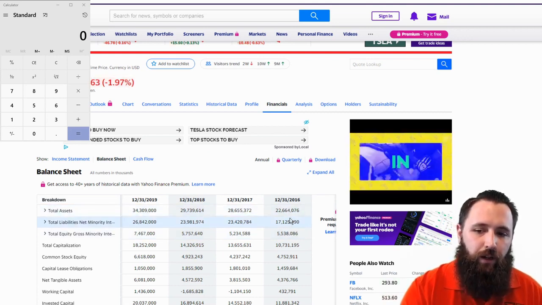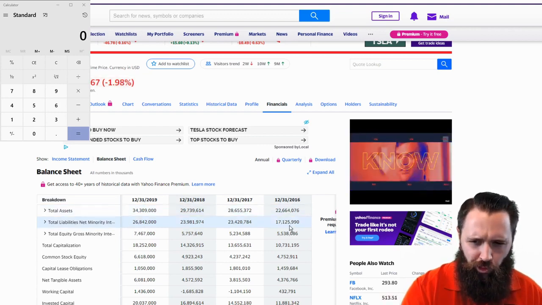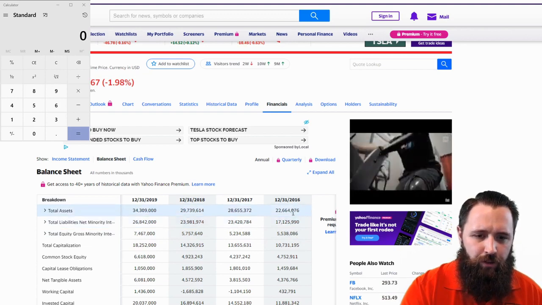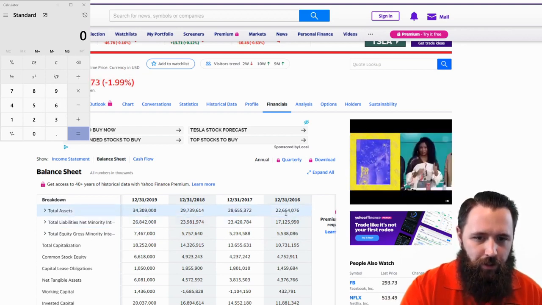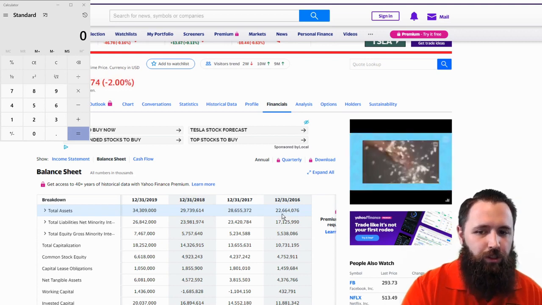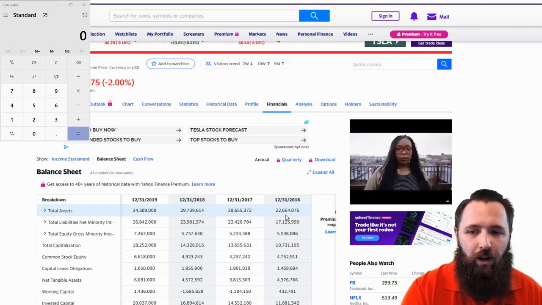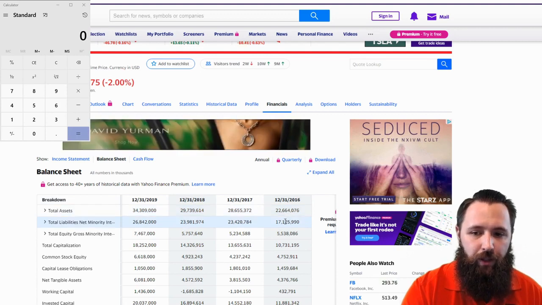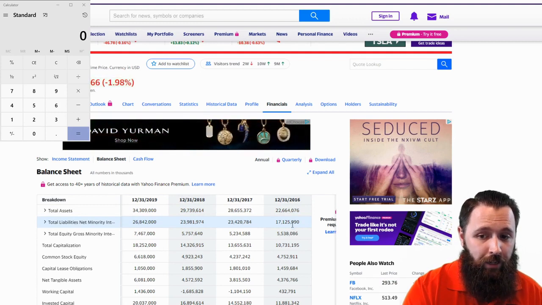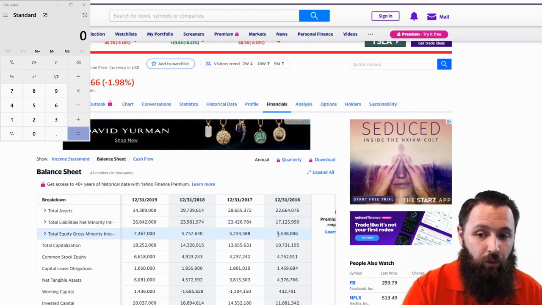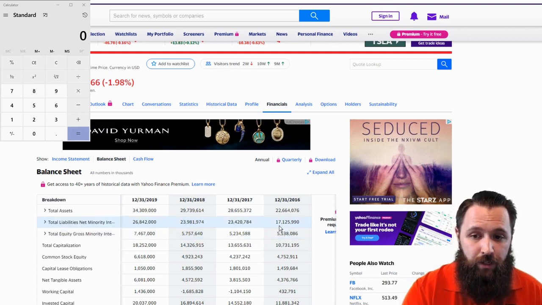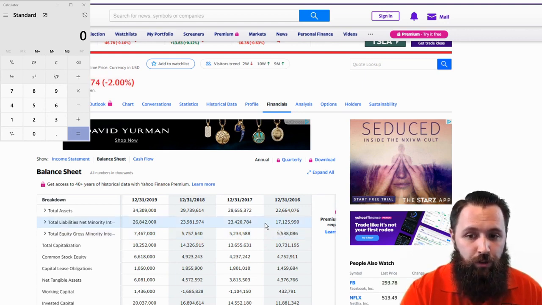So here, you can see that in 2016, the total assets, and I'm sure this is in millions, is we'll just say 22,664,000, and our liabilities is 17,125,990, and then our total equity is 5,538,86.